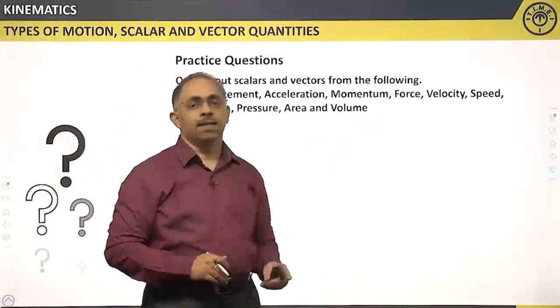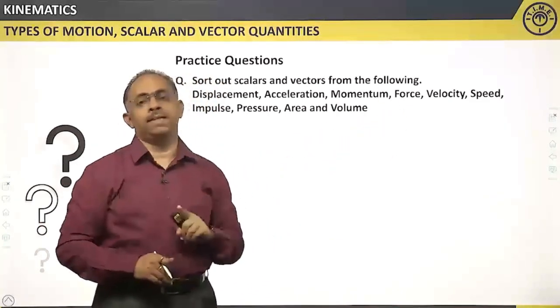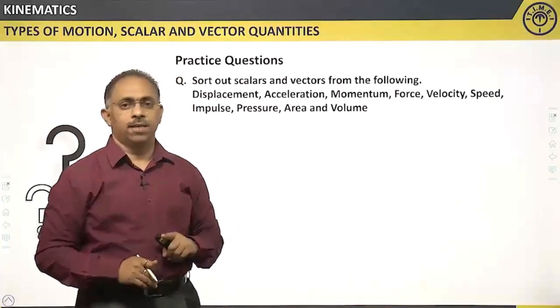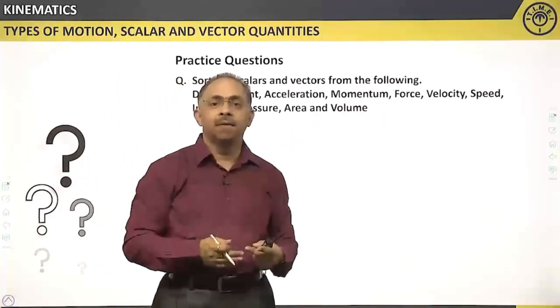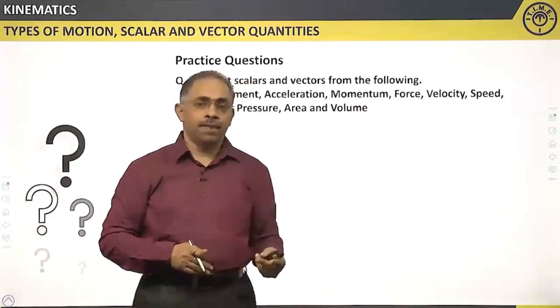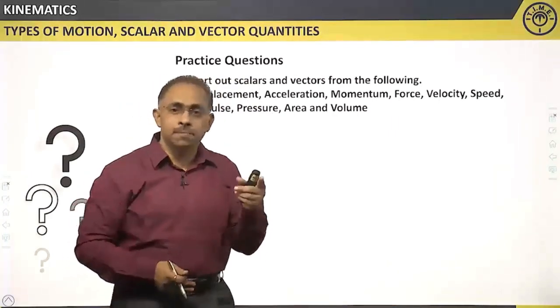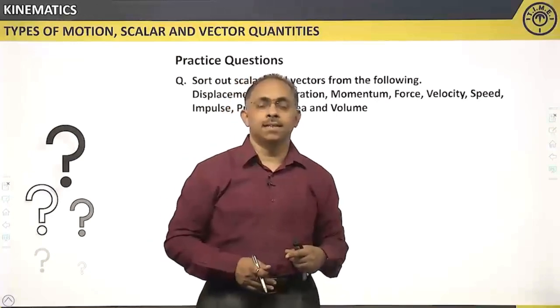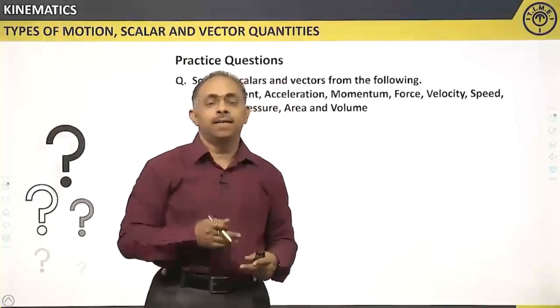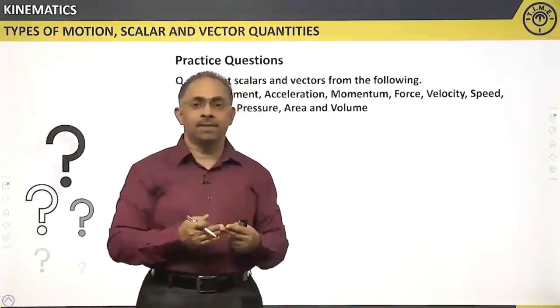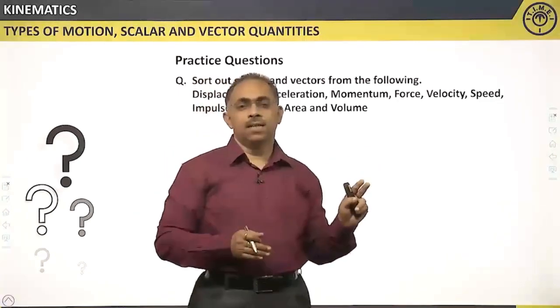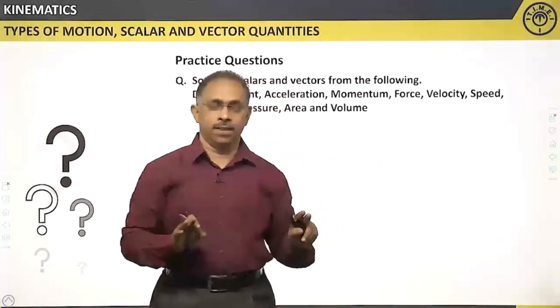Velocity is a vector not because it is displacement by time. We cannot say that velocity is the rate of displacement according to the formula displacement divided by time. Displacement is a vector, time is a scalar. So we are getting velocity by dividing a vector by a scalar. There is an operation between a scalar and a vector, therefore it is a vector. We should not jump to a conclusion like that.